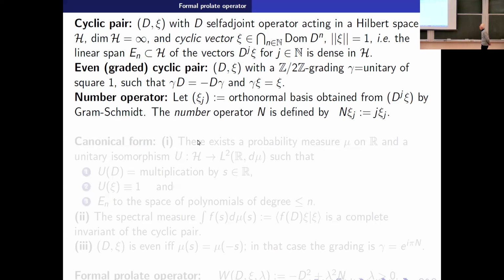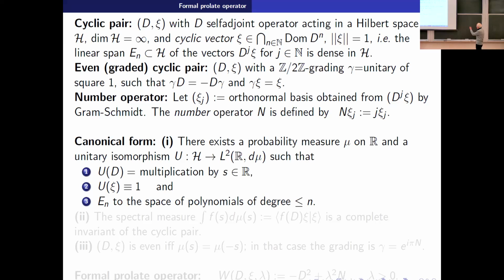All right, to this, we add a number operator in a natural way by, first of all, by Gram-Schmidt, you get an orthonormal basis out of the powers of D. And the number operator then is defined naturally just by taking the number given by the index of the vector in the orthonormal basis.